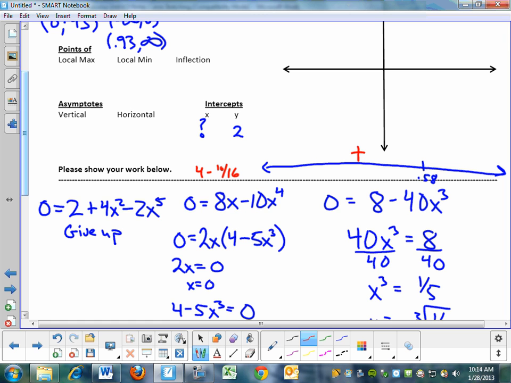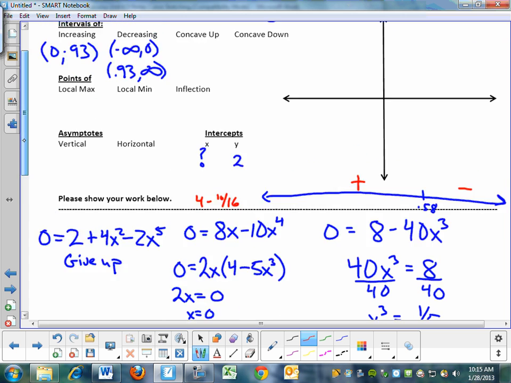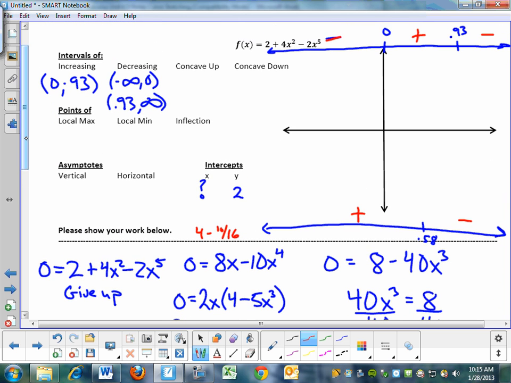Let's plug in 1. 8 minus 40, positive or negative? Negative, so you can see you're concave down. So there's my intervals right there. We're going to be concave up from -infinity to 0.58, concave down from 0.58 to infinity.